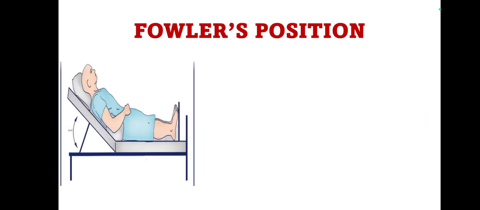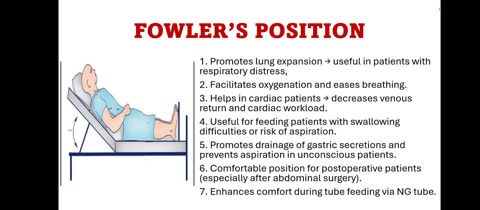Next position is the Fowler's position. Fowler's position has two types: semi and high Fowler's position. Semi-Fowler's is when the bed is at about a 30 to 45 degree angle, and high Fowler's is when the bed is raised completely, at a 90 degree angle. We give Fowler's position to promote lung expansion, for patients with respiratory distress or breathing difficulty.